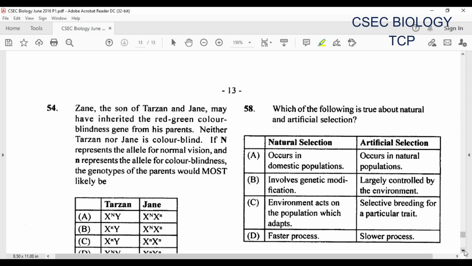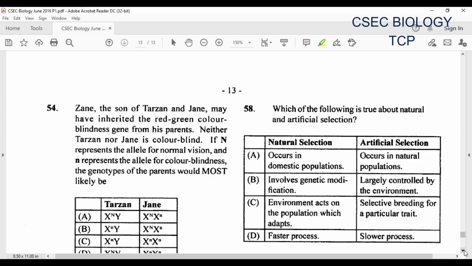If capital N represents the allele for normal vision, and small n represents the allele for colorblindness, the genotype of the parents would most likely be. All right, great. So just let me remind you that we have an entire video on the different types of genetic diagrams. You could just visit my channel and click on the genetics playlist, and you'll see all these are well explained, so you could find more on it.